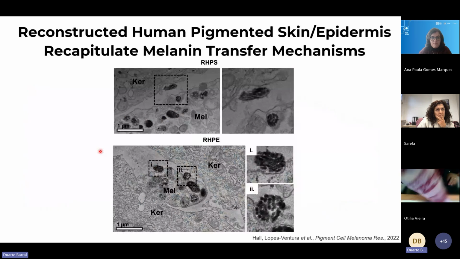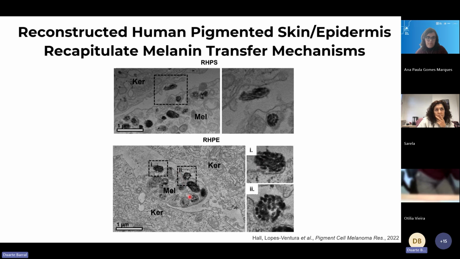What about the ultrastructure? We did some electron microscopy, and we saw both in the skin, RHPS meaning reconstructed human pigmented skin, and in the epidermis only here at the bottom, this melanin, just like in the human biopsies that I showed you, being transferred from a melanocyte.